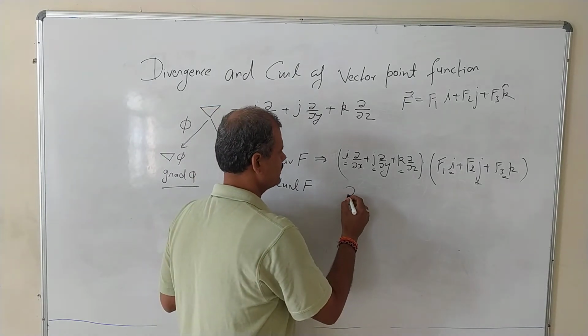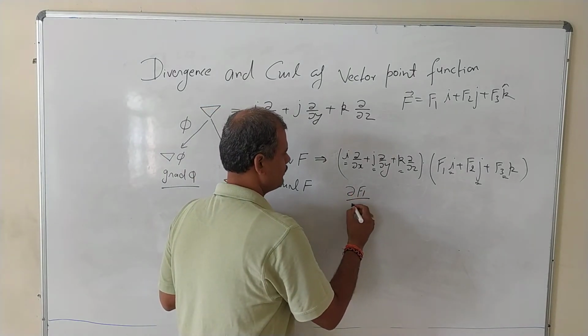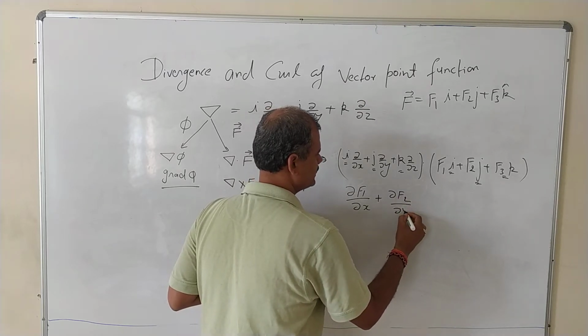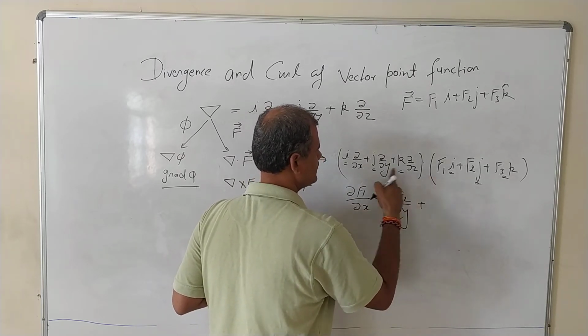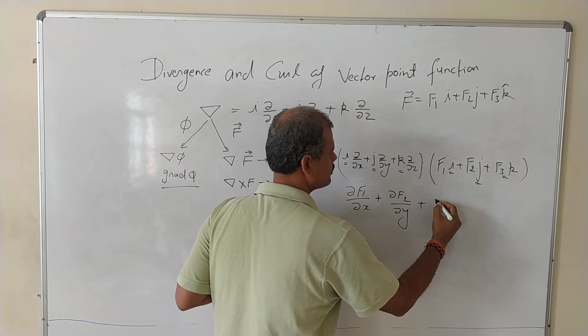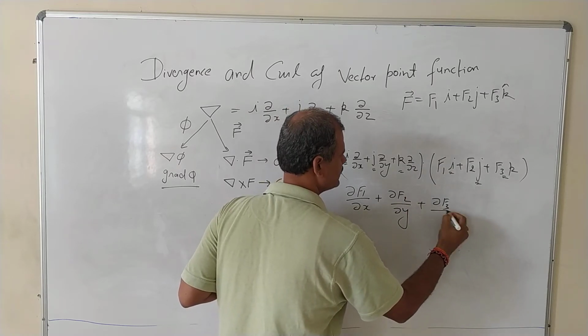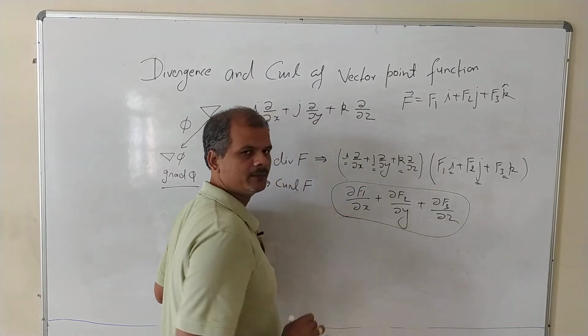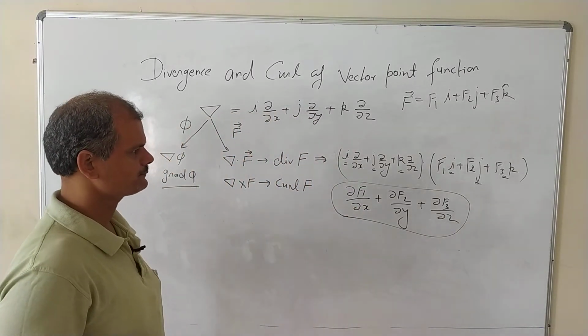So we get del f1 by del x plus del f2 by del y plus del f3 by del z. So this is your divergence of f.